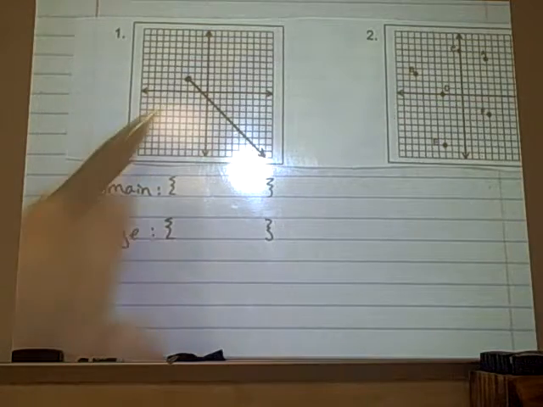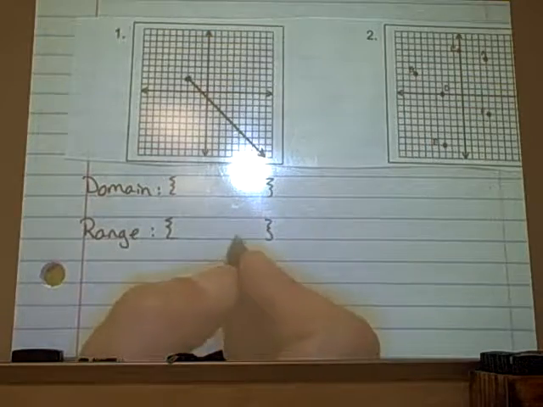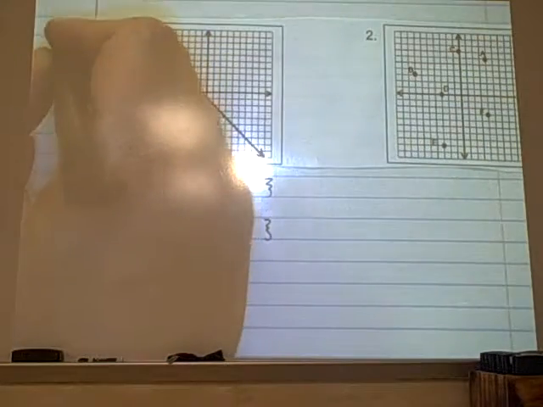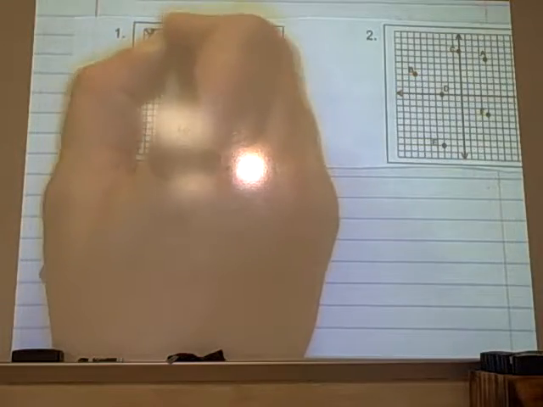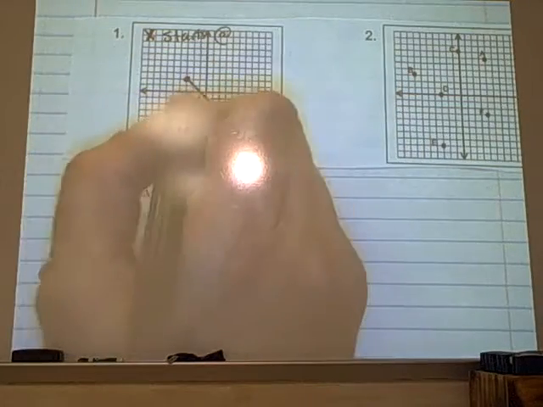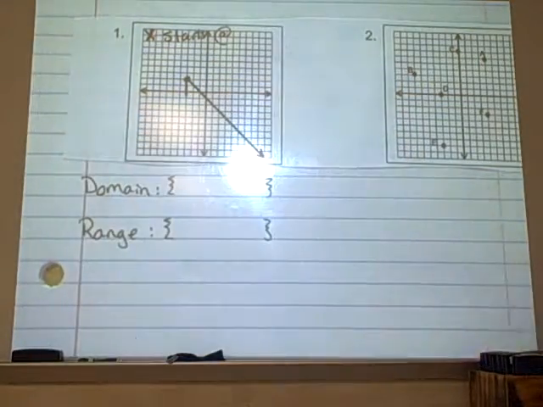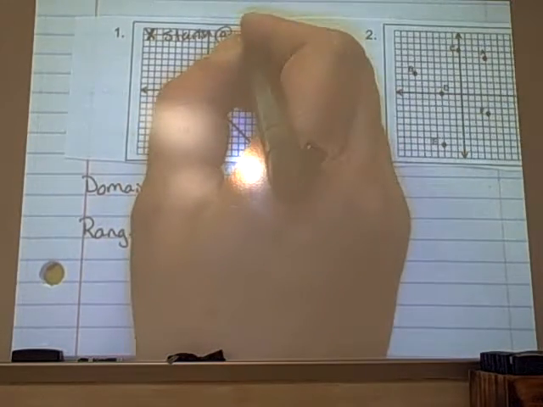So it only has one dot equals one number. So if you have one dot, you're going to have one number. And if you look at this, the x starts at, and remember x goes left and right, this is your x-axis right here. So if I'm looking at this, the x starts at, what number is that? -3, it looks like.